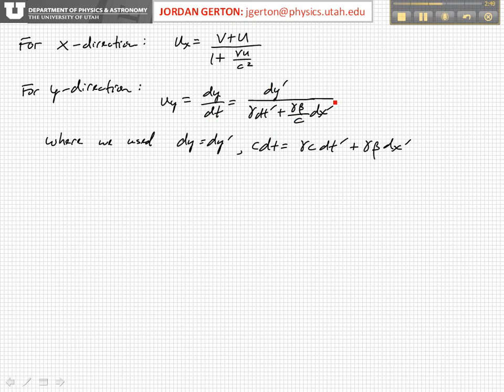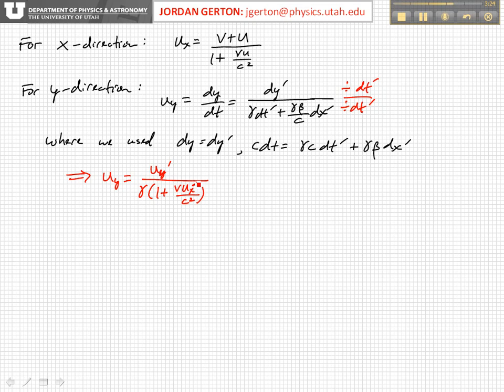Now again, if we divide the top and bottom by dt prime, again we're dividing by 1, so we haven't really done anything. Then we get that uy is equal to uy prime divided by gamma times 1 plus v times ux prime divided by c squared.